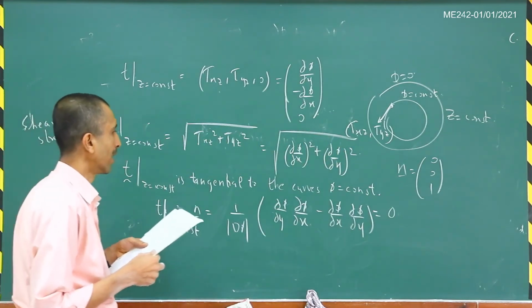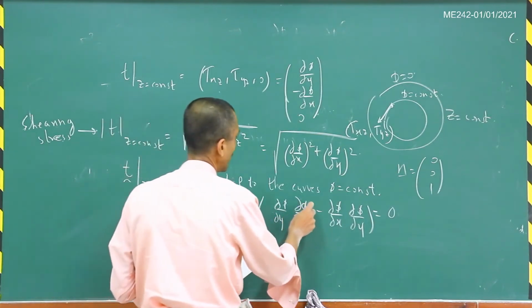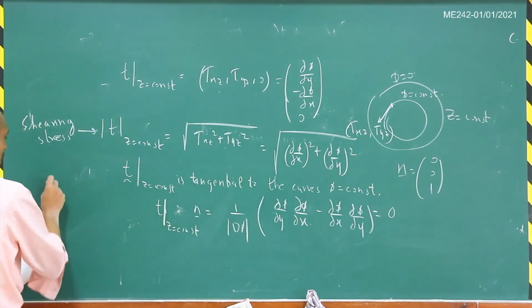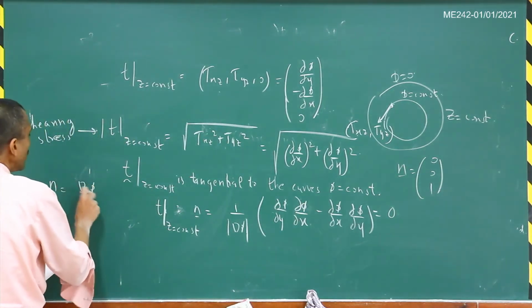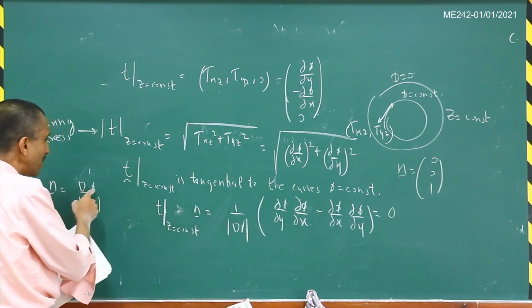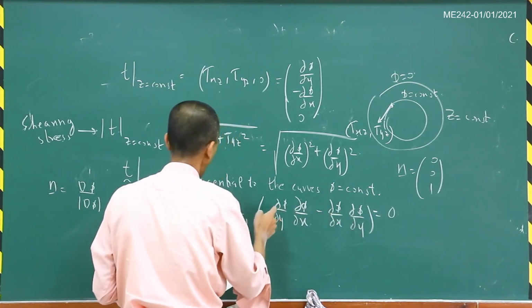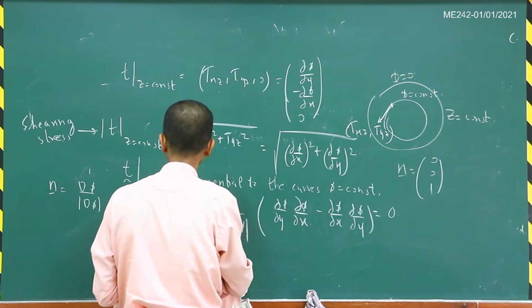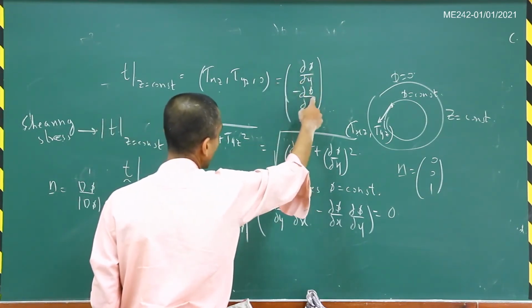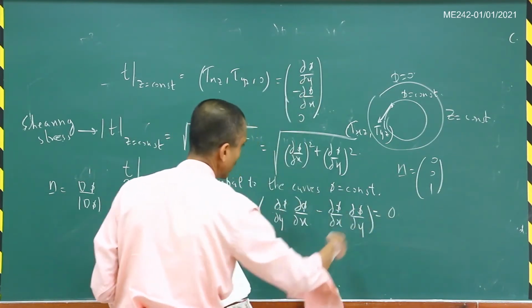All I have done is that the normal is the gradient divided by the norm of the gradient, right? So n is equal to del phi by norm of del phi. So I have just used that expression. The gradient of phi will be del phi by del x, del phi by del y. Those are the components, and this tau xz and tau yz are given by del phi by del y and minus del phi by del x. So I am just substituting, and finally this comes out to be 0.